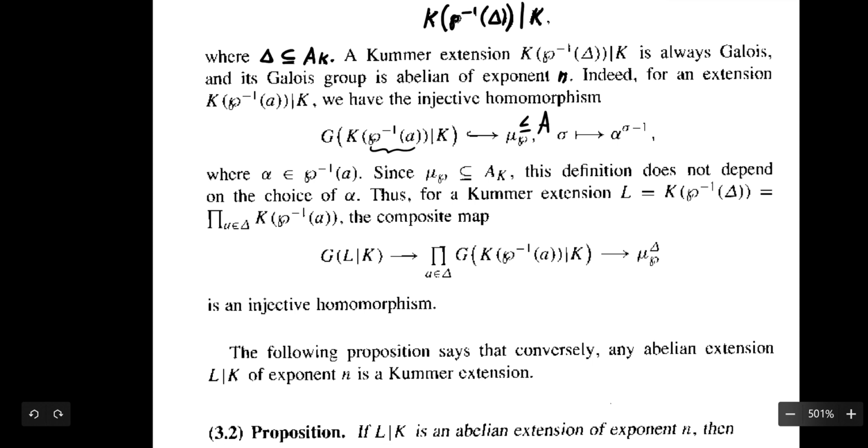We construct a map from the Galois group to the module. This is an element of the group acting on an element of the module, so of course it's still an element of the module.